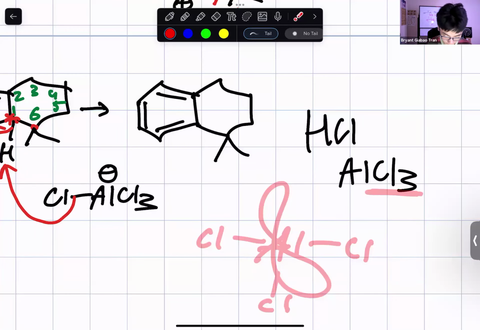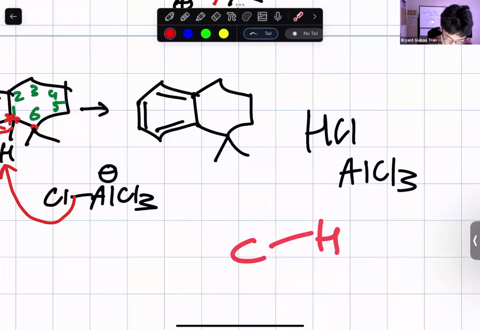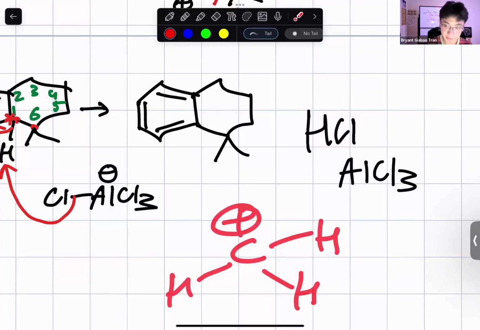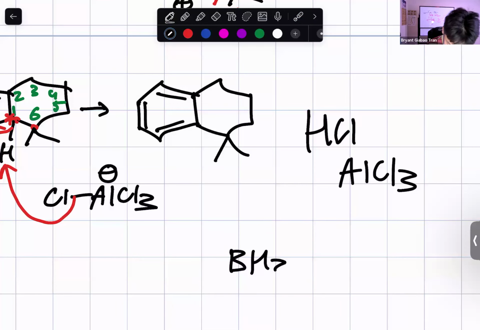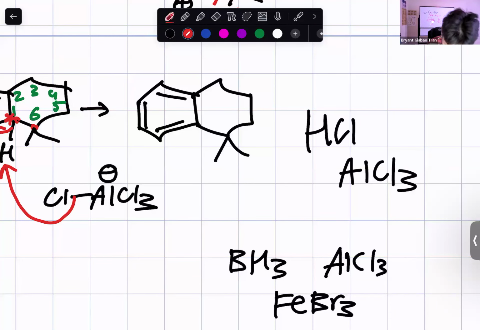So it's not like carbon, where if carbon has 3 bonds, it will have a positive charge, a carbocation, right? It's one of those weird atoms that is neutral with 3 bonds. So those weird atoms would be like boron, BH3, aluminum, AlCl3, or iron, FeBr3, right? Boron, aluminum, and iron is going to be neutral with 3 bonds.